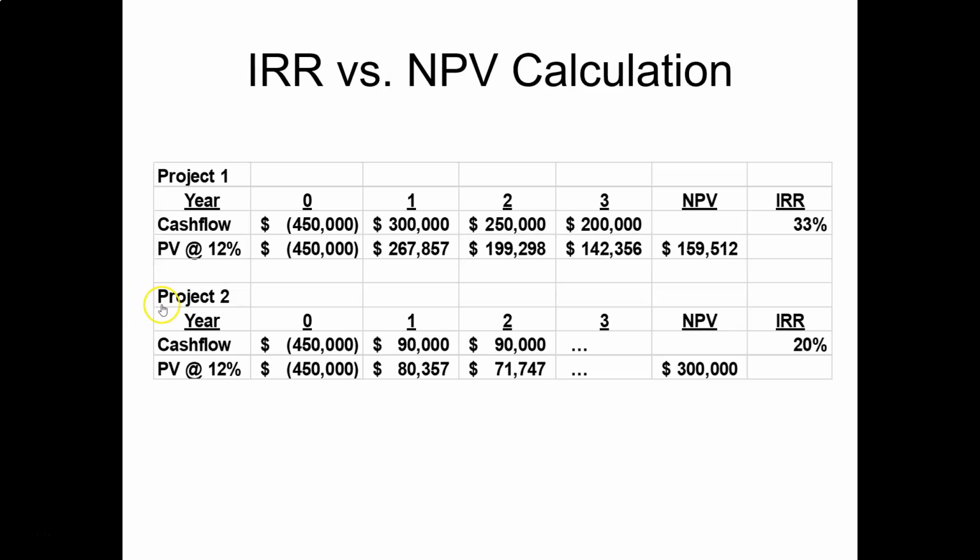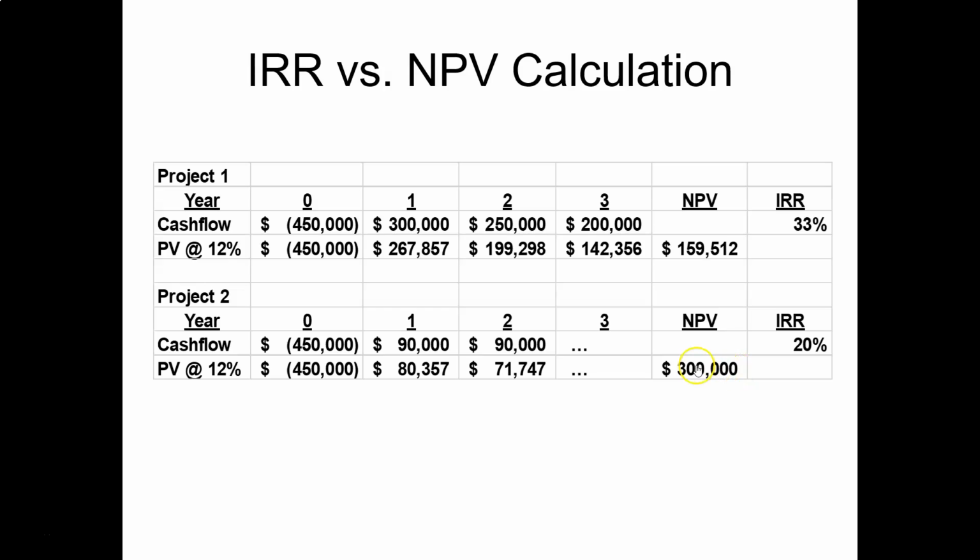Now let's consider this second investment project. This investment project has a lump sum cash flow of $450,000 in year 0 and a perpetuity with a $90,000 payment in the future. We can calculate the net present value of this investment project too.